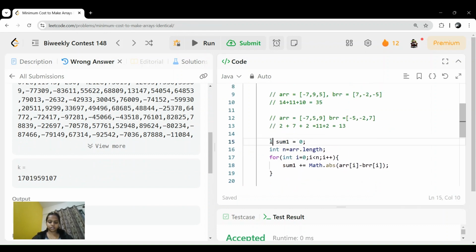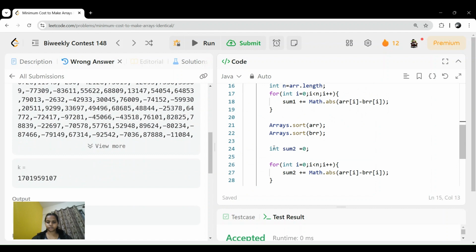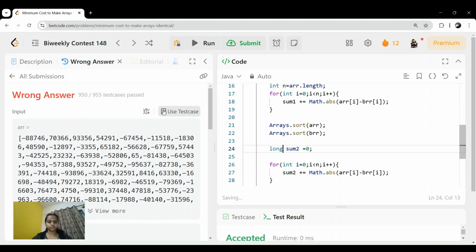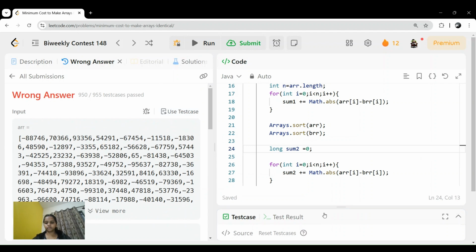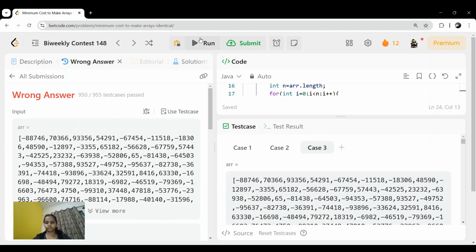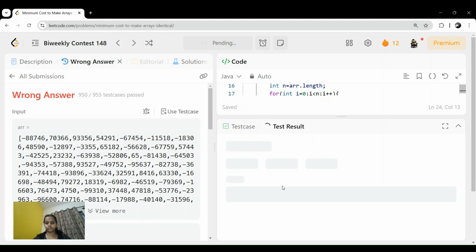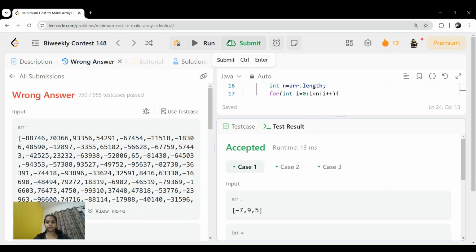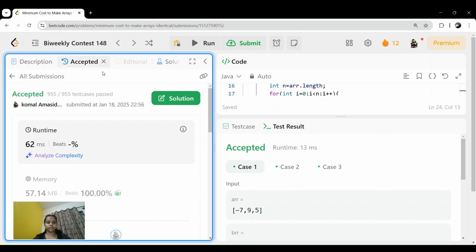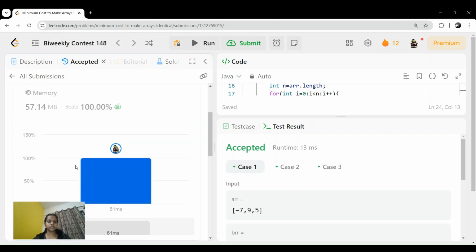Let's take long instead. Now submit. You can see our solution got accepted.